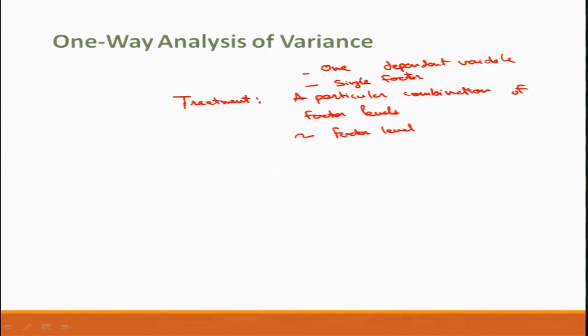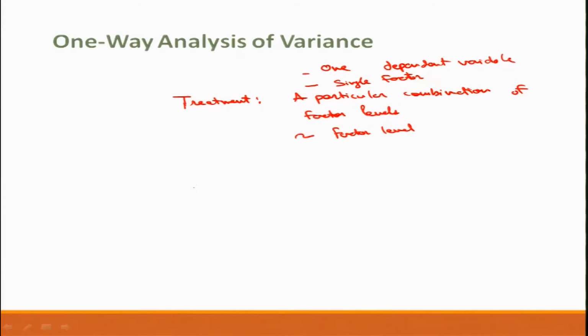For instance, do the various product segments differ in terms of their volume of product consumption, or what is the familiarity of the engineering students with NPTEL courses? Is it medium, low, high? So, in this case, their familiarity with NPTEL would be my variable, and its categories would be medium, high or low. This is my one categorical variable. So, this is one-way ANOVA. So, I can put it here, an example.